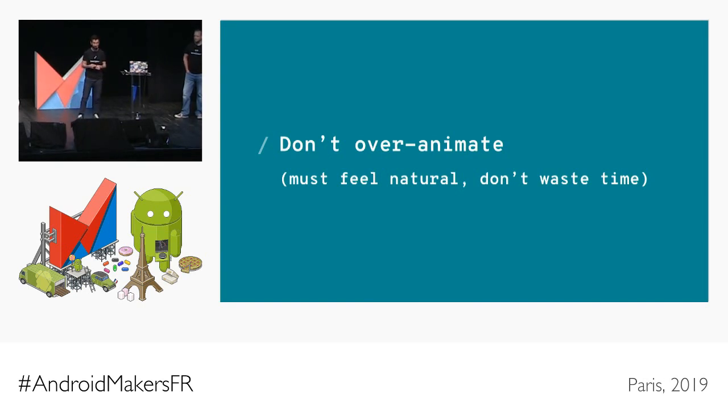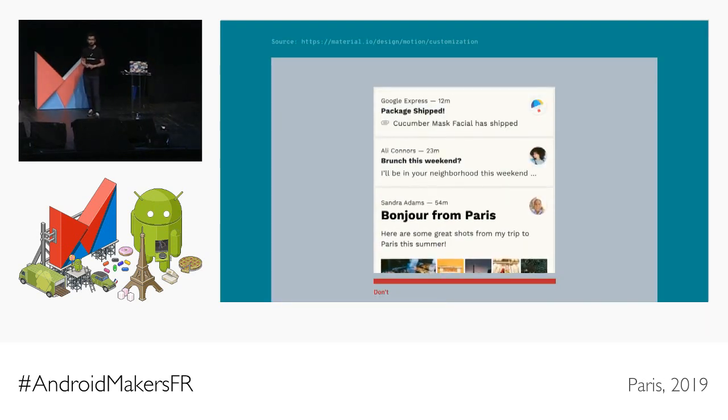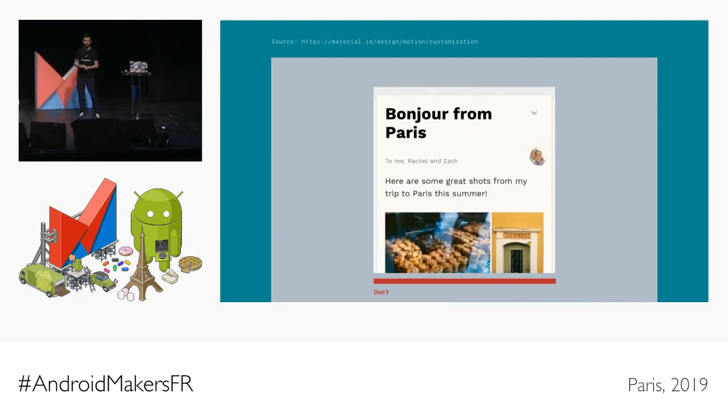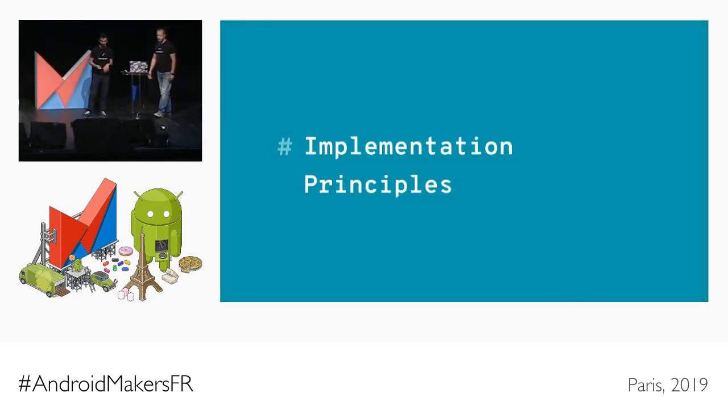That's a trap we can all fall into sometimes, because we want to bring more animation, but we should always make sure that our animations are smooth, feel natural, and mainly that they are not there just to waste the users' time. Like this is another example, where we have too much spring animation on a list view.